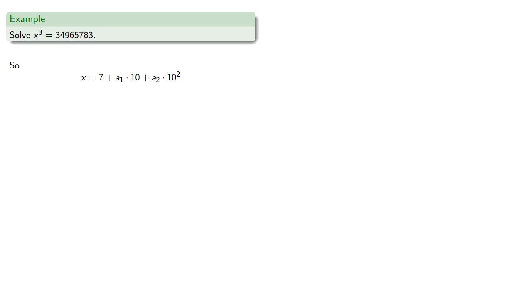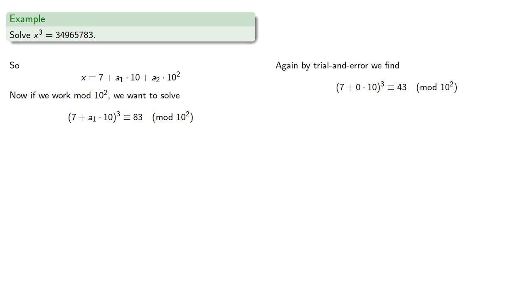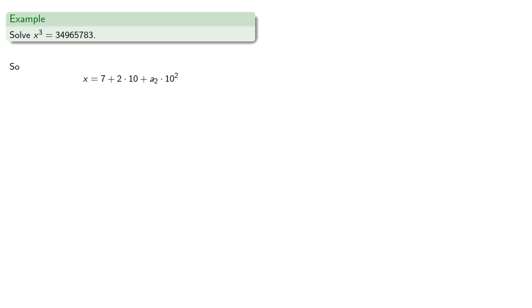Now if we work mod 10 squared, we want to solve, where the a2 times 10 squared term is going to drop out. Again, by trial and error, we find, and so a1 is 2. And so now we know that x is 7 plus 2 times 10 plus something times 10 squared.